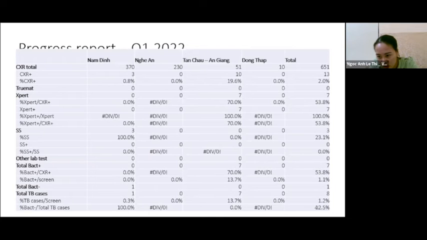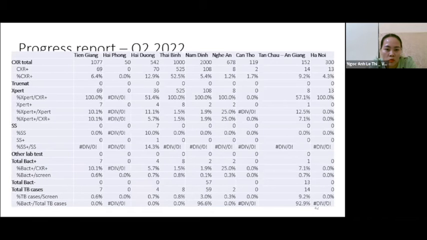And because of this, after screening, we have only identified 9 TB patients amongst around 2,000 cases screened in Q1 2020. Next, please. This slide shows the project up to Q2 2020.